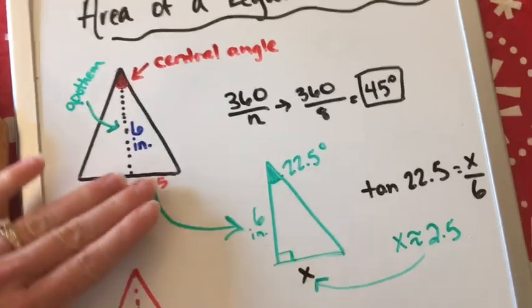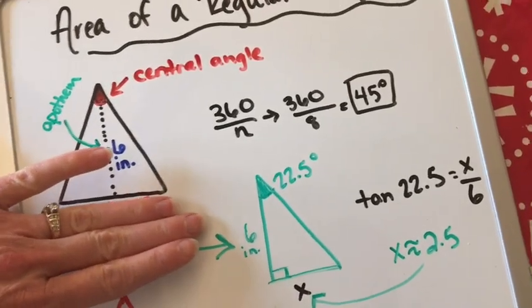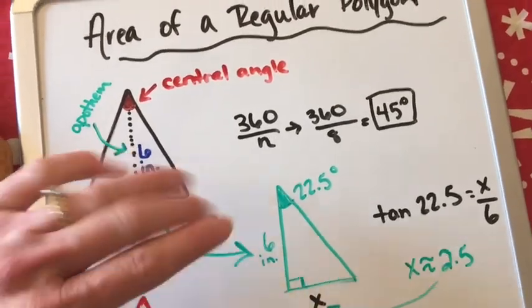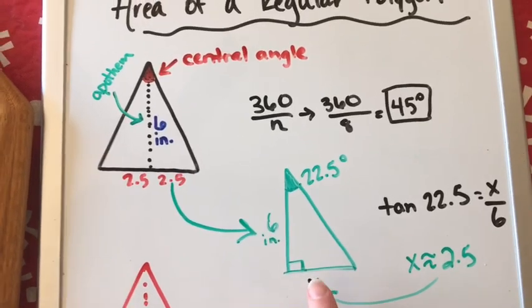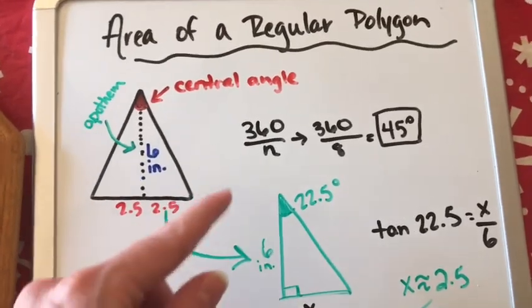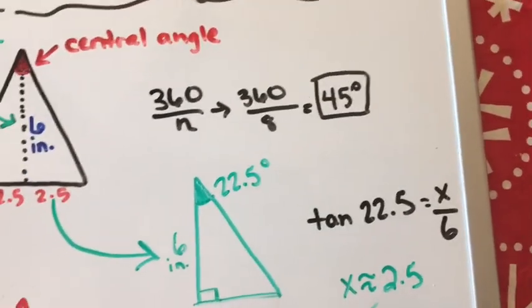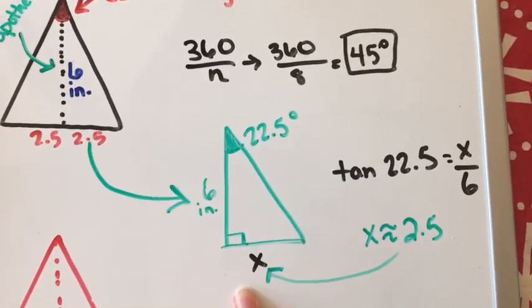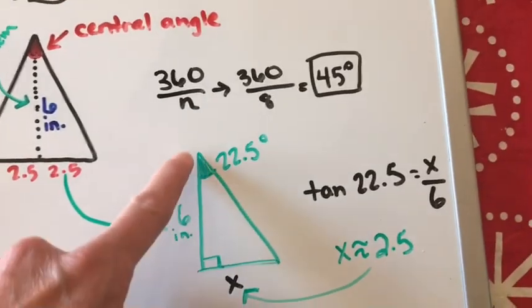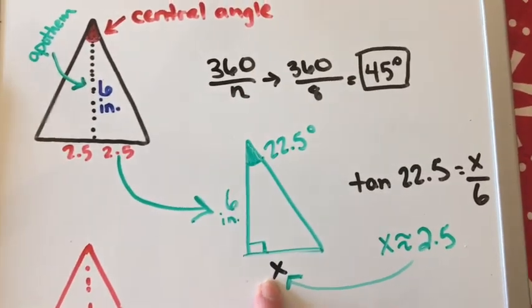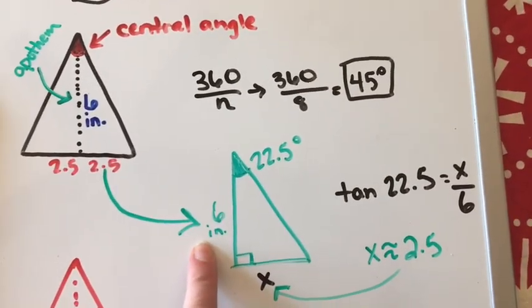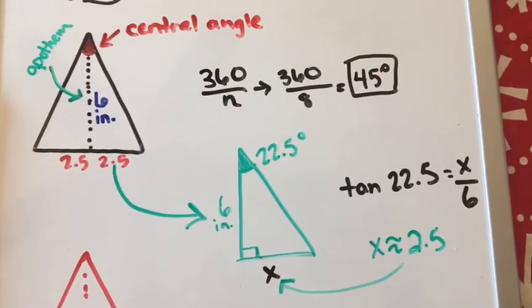We don't know the base of this triangle. The only information we were given was that the apothem was 6 inches. So we need to find this piece. In order to find that piece, we've got this piece which is the opposite and this piece which is the adjacent, so we're gonna have to use tangent.